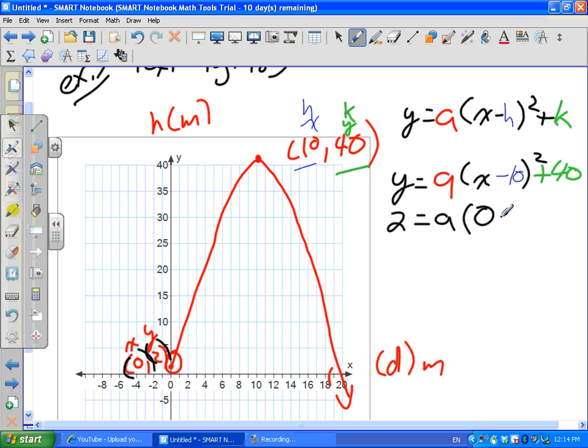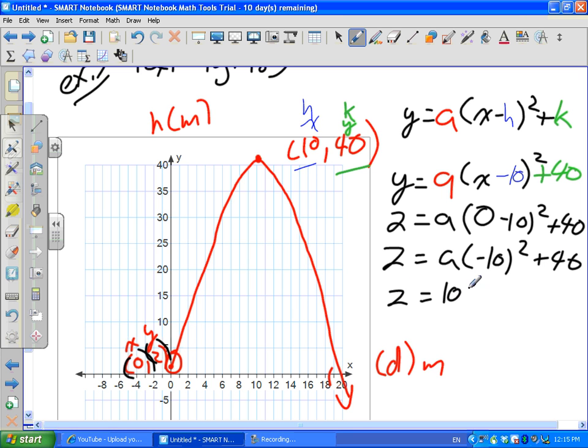Same coordinate. 2 equals a times (0 - 10) squared plus 40. We need to figure out what a is, so I'm going to quickly carry out the math here. Negative 10 squared is 100, so 2 equals 100a plus 40. This becomes 100a is equal to negative 38. So a equals negative 38 over 100.